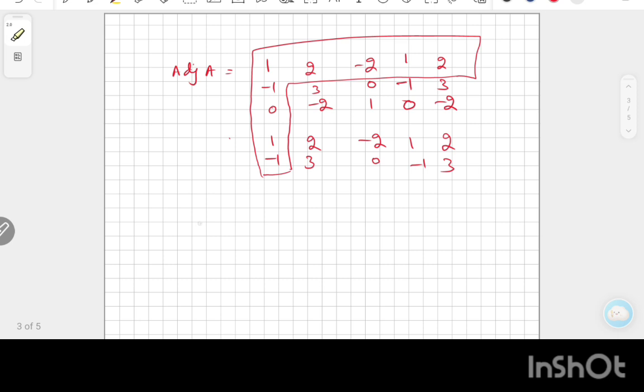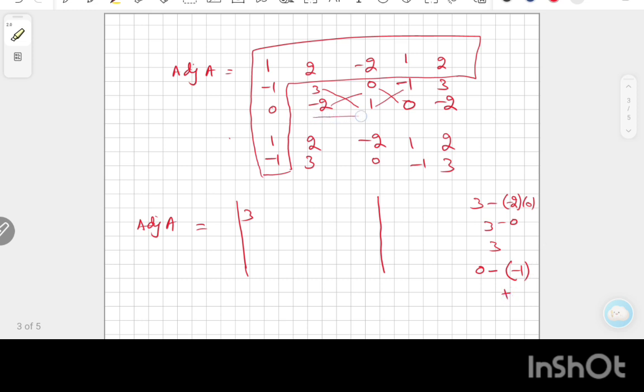Now we have to make the adjoint of A here. So what is the adjoint of A? If we multiply this one, 1 multiplied by 3 and minus 2 multiplied by 0, 3 minus 0, we get 3. Next we multiply 0 ones are 0, 0, and 1 multiplied by minus 1, 0 minus minus 1, we get the answer 1.